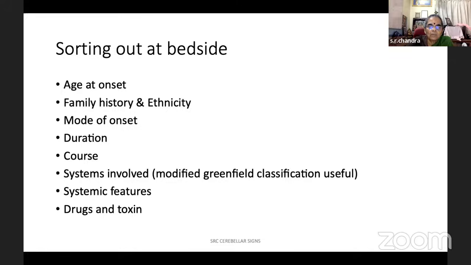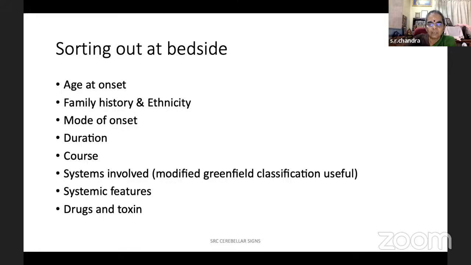For this, I will request the students to go back to the old, outdated, modified Greenfield's classification. That is very useful for collecting the systems involved in a given patient. Even though we use the genetic classification, you need not use it to classify, but at the bedside, to categorize, it is very useful.